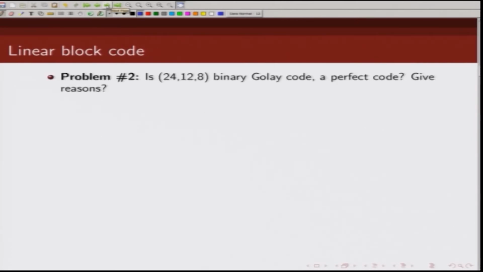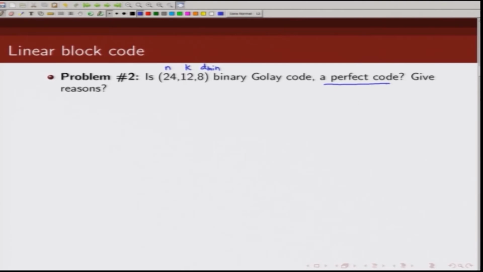The next question: is the (24, 12, 8) binary Golay code a perfect code? Again, here n is 24, k is 12 and minimum distance is 8. Now, what is a perfect code?